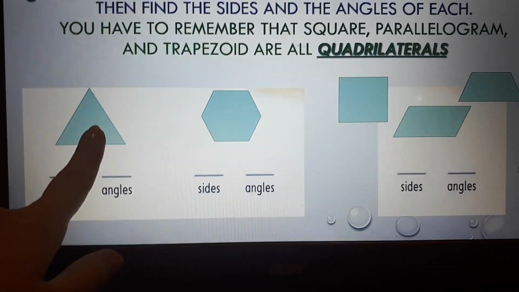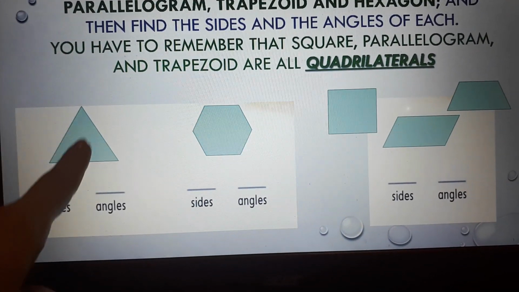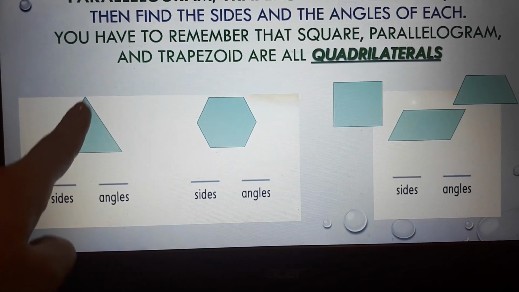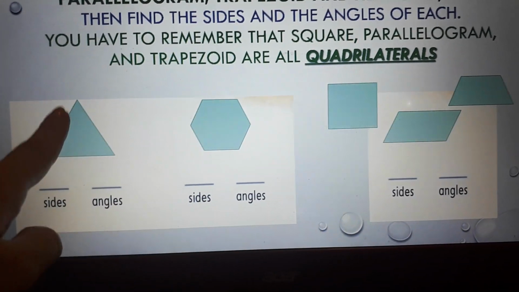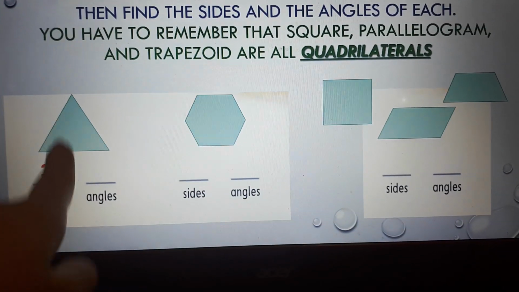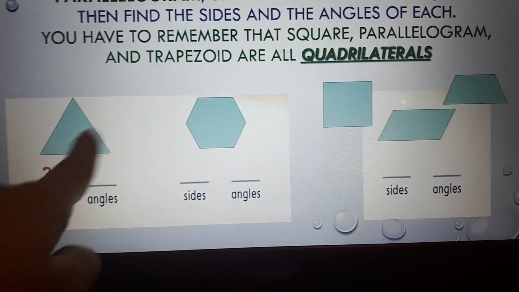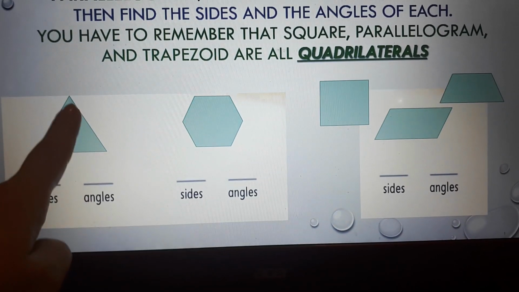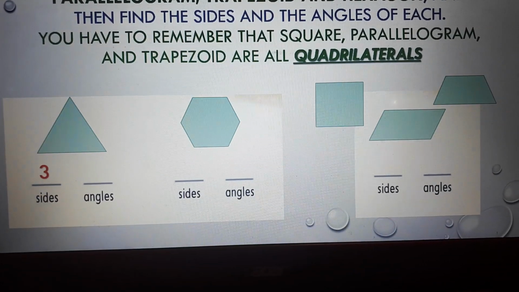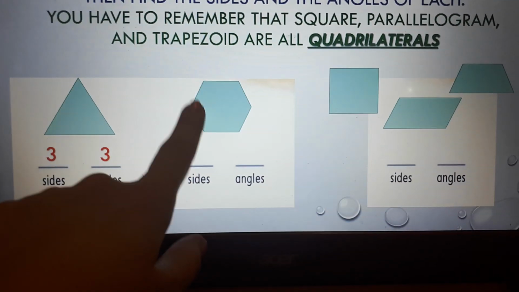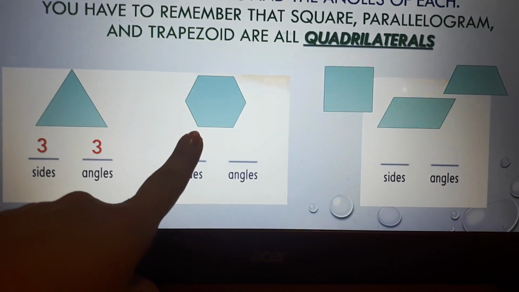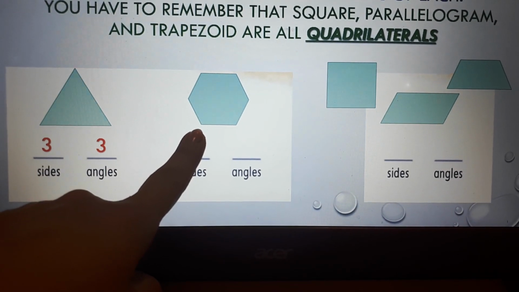Now let's go back to the first shape. We say that this shape, we call it triangle. How many sides does it have? 1, 2, 3. Yes, 3 sides. Now how many angles? Remember that angles are the space between the intersecting lines. 1, 2, 3. So yes, I have 3 angles. Now to the second shape. How many sides? Remember that this shape is a hexagon, and we said last week that a hexagon has 6 sides.